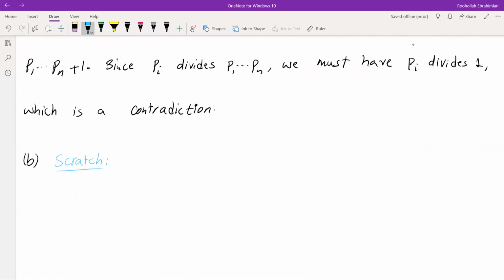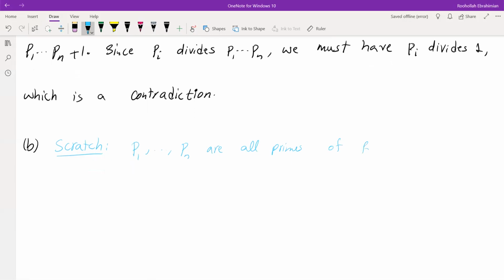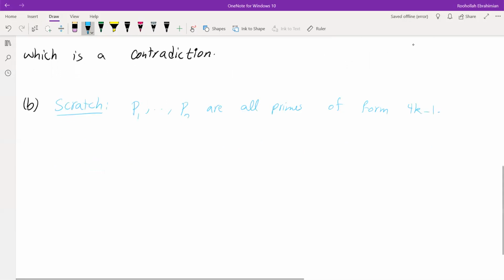So let's assume that P1 through Pn are all primes of form 4k minus 1. And let's see how we can get a contradiction. Let's just follow the same thing that we did. We have P1 through Pn plus 1.